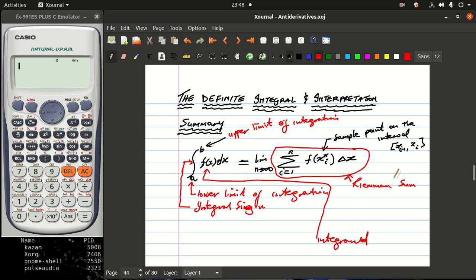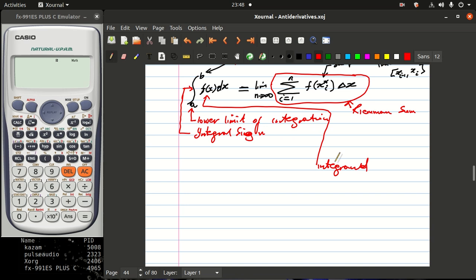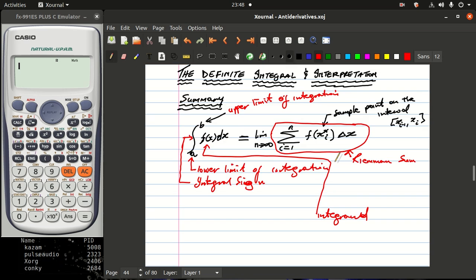This Riemann sum is named after the German mathematician Bernard Riemann. He's one of the mathematicians who also contributed a lot when it comes to the integrals. That is why this sum is called the Riemann sum. So that's what we said.